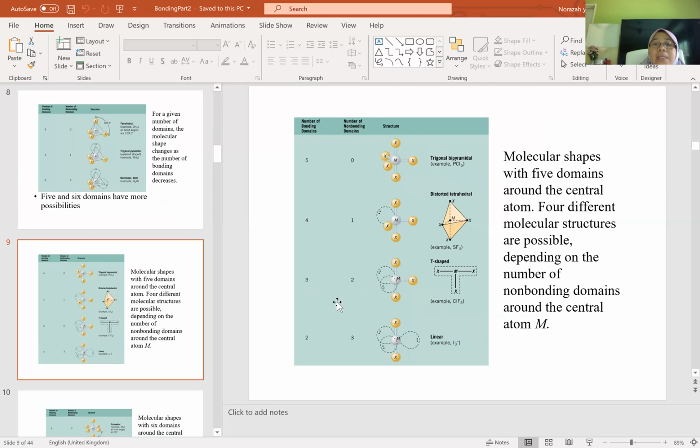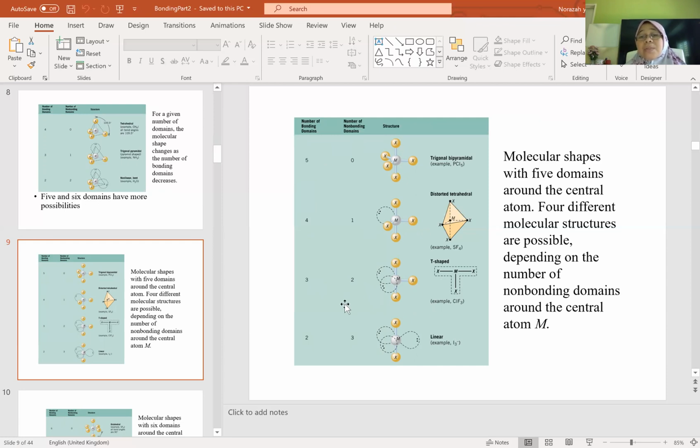Now, if you look at other examples, if you have 5 electron domains and 0 non-bonding, then you have the general structure, which is trigonal bipyramidal. If you split it into 4 and 1, you have distorted tetrahedral, 3 and 2, T-shape, and so on.